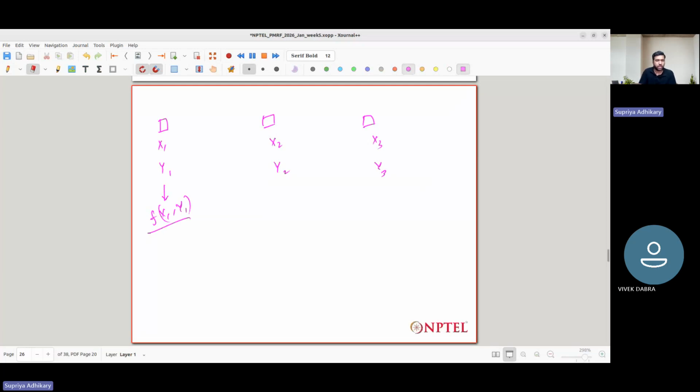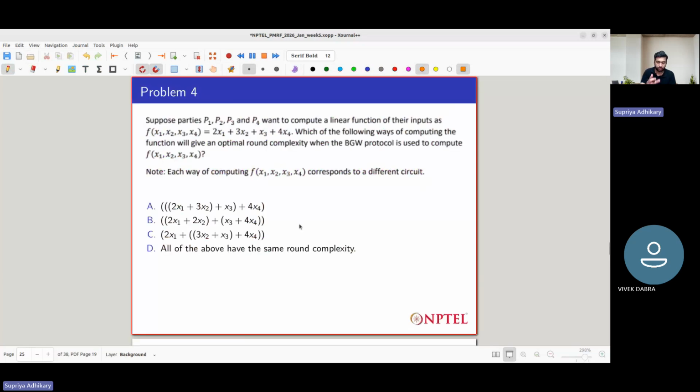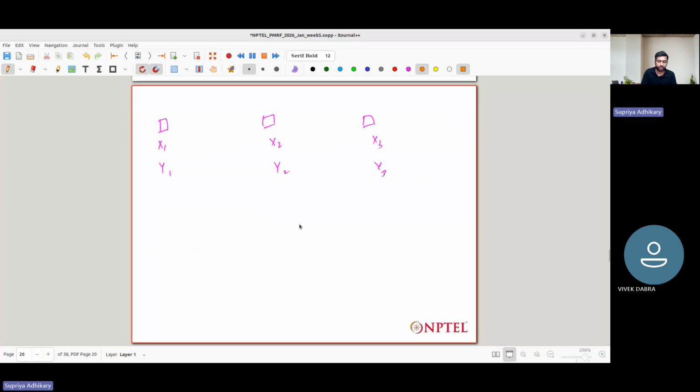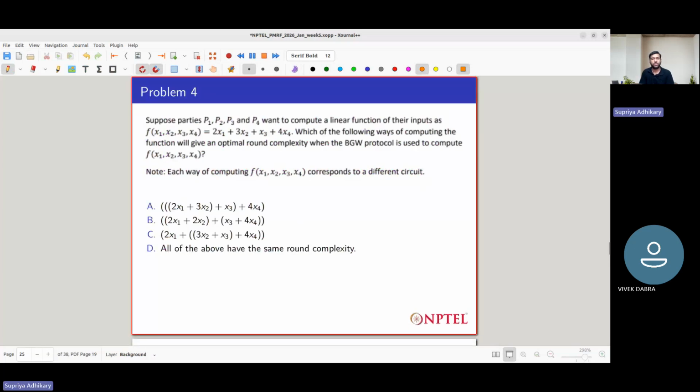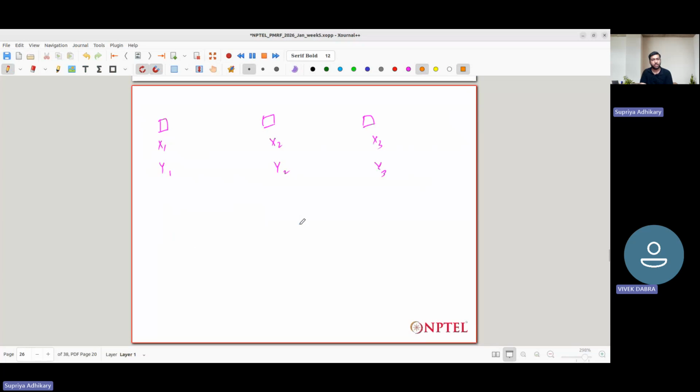Whatever computation they do in their own individual system, they do not need communication from other parties, meaning they do not need to send any data to other parties through the network. Then we say that there is no communication complexity.